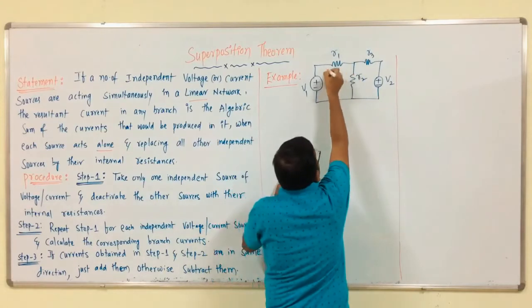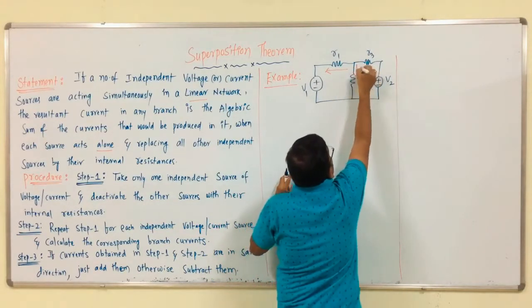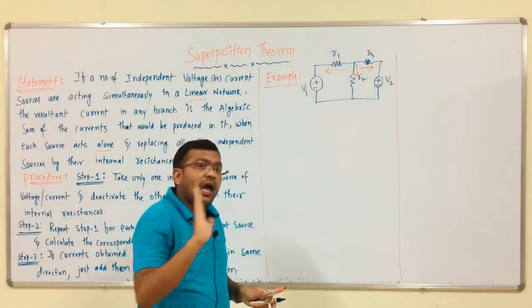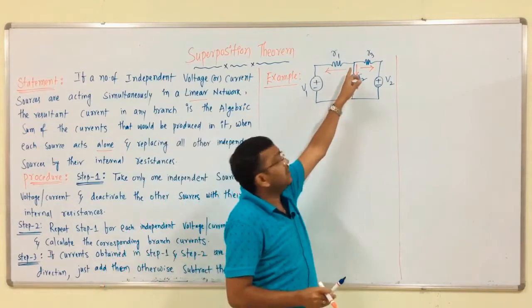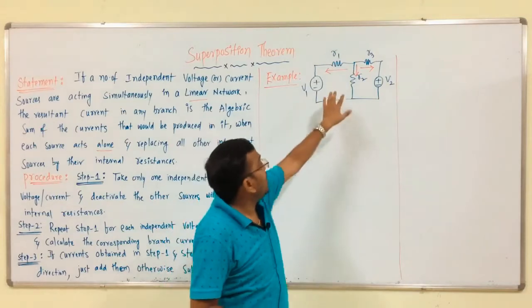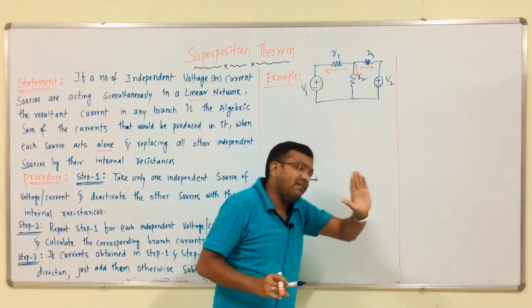So, I am considering this as my assumption. Always I am considering the currents which are away from the node. The algebraic sum of currents at that node should be equal to 0. The total currents in the circuit should be away from the node.